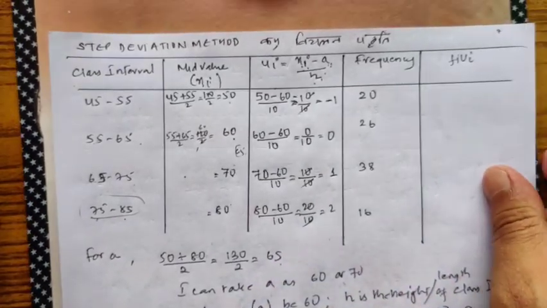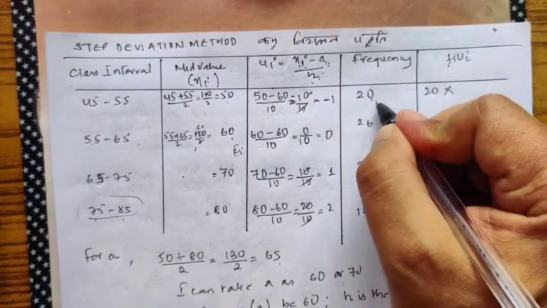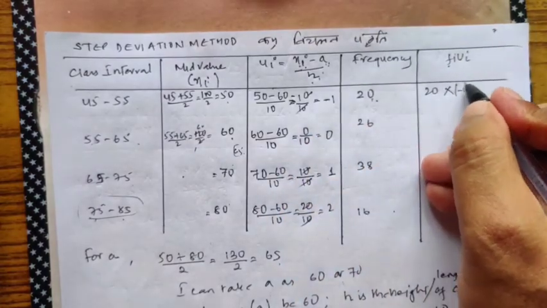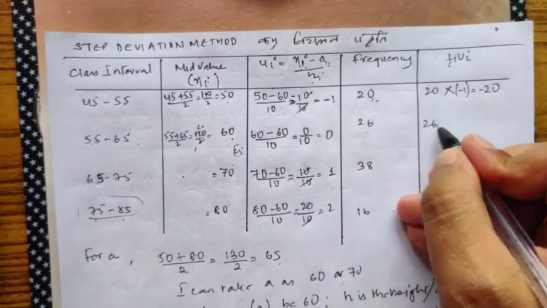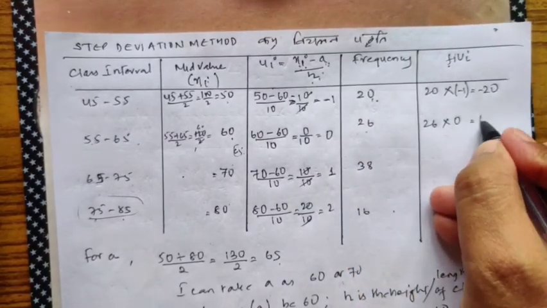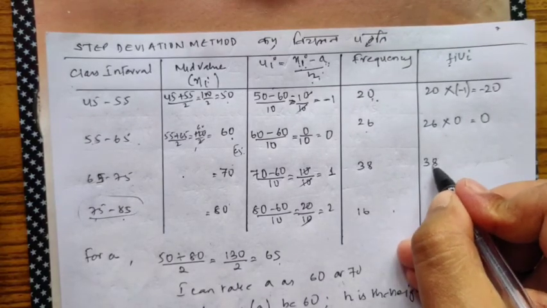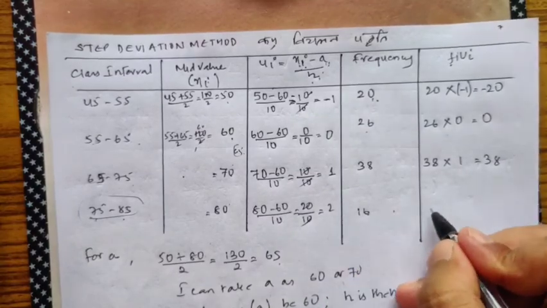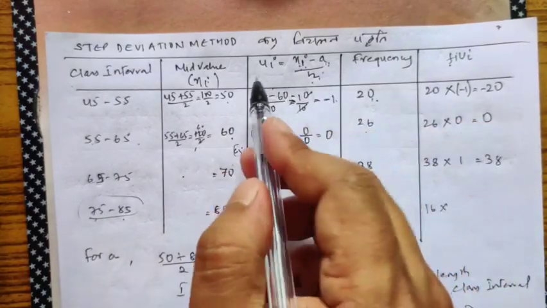So fi ui. What is your fi? 20. It's given in the question, frequency. All these frequencies are given in the question. ui minus 1, which is minus 20. fi 26 into 0, 0 will have no sign. 38 fi into 1, 38. 16 fi into ui, all these are ui.